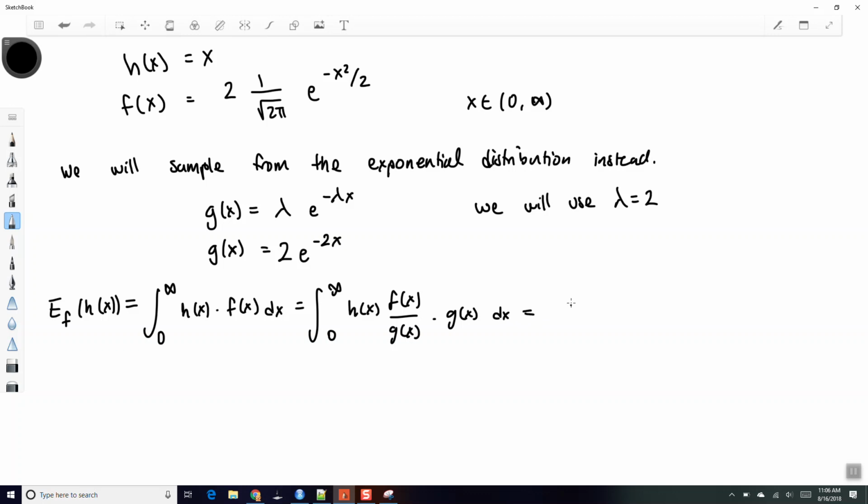So this becomes 0 to infinity, h of x is just x, f of x is 2 times 1 over root 2 pi e to the negative x squared over 2, divided by g of x, 2e to the negative 2x, times g of x, 2e to the negative 2x.